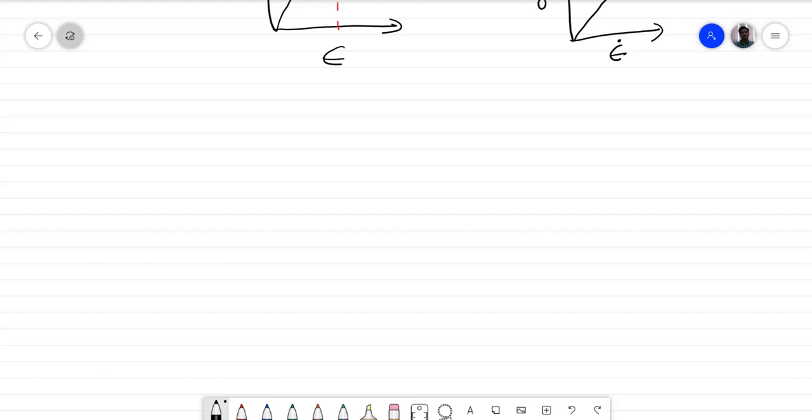Let's say we consider a layer of a fluid which is being sheared. Let's say the velocity at the bottom of this layer is u, and at the top is u plus delta u in the x direction.